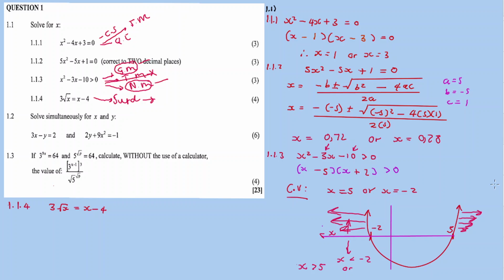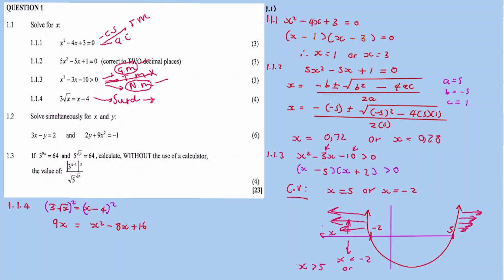The first thing you must do is remove the square root. So I square both sides of the equation. After squaring I get 9x equals, expanding the brackets, x squared minus 8x plus 16. So 3 squared is 9, and the square root of x squared is x.